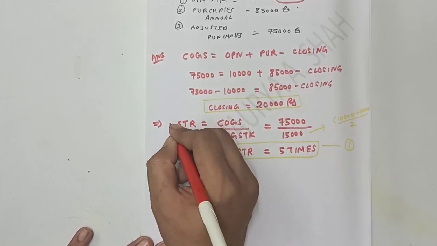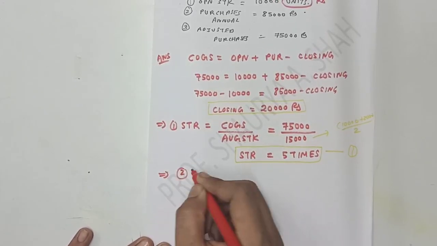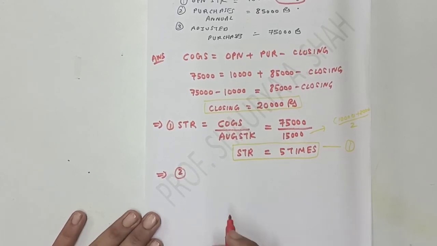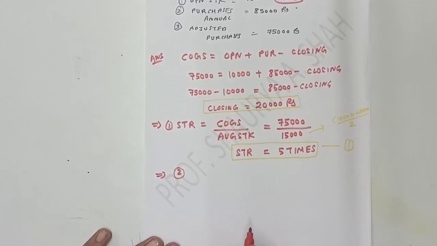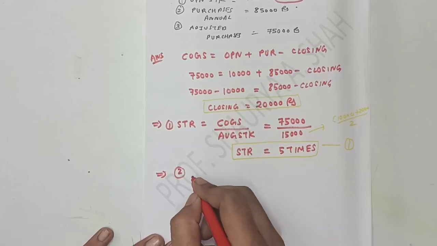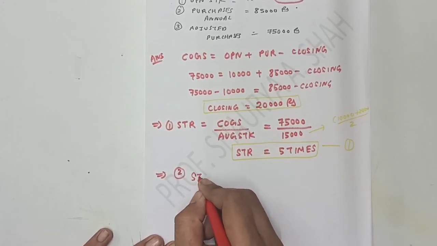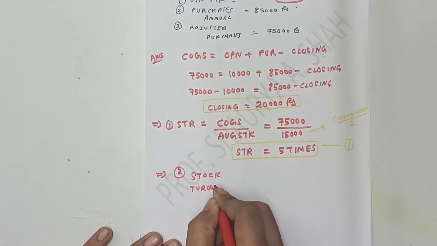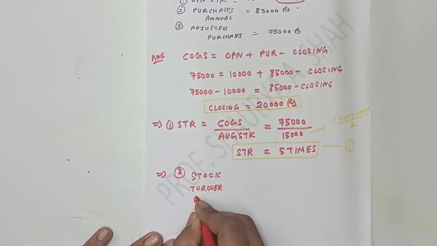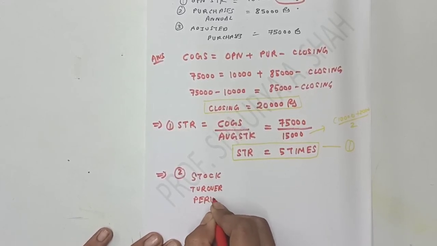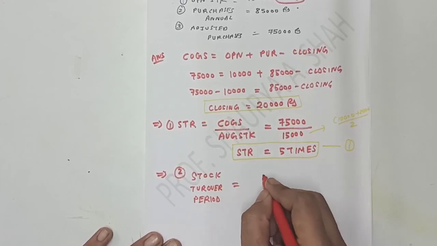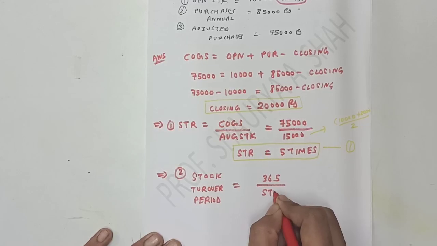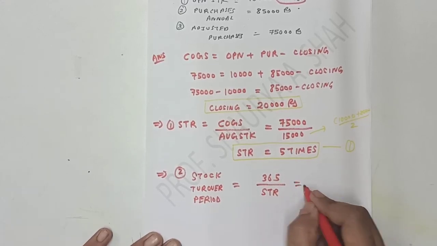Next, you need to find out the turnover period. As you studied in the last lecture, I gave you the formula. You can write stock turnover period, inventory turnover period or material turnover period, all one and the same. Stock turnover period is equal to 365 upon STR, the ratio you have found out.